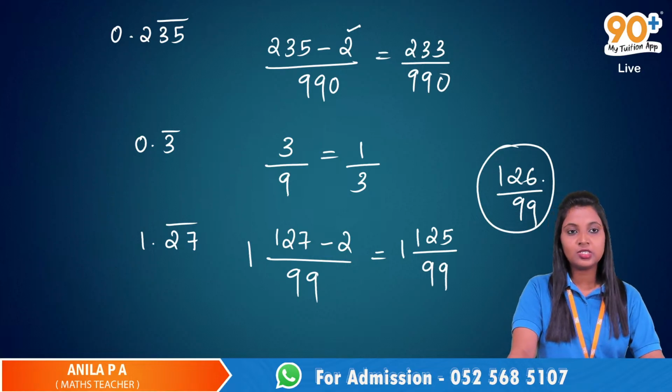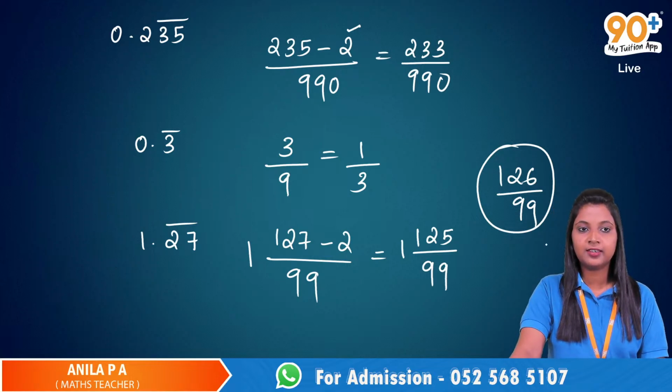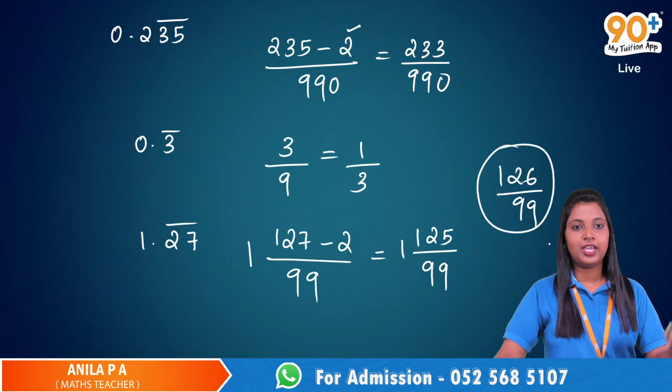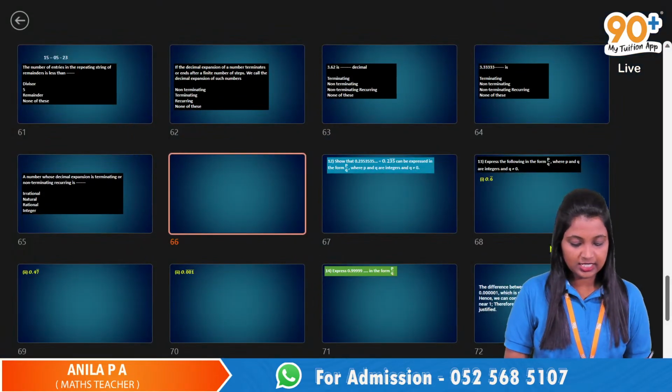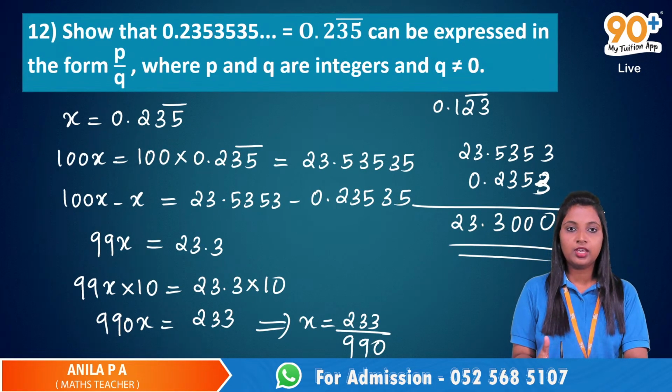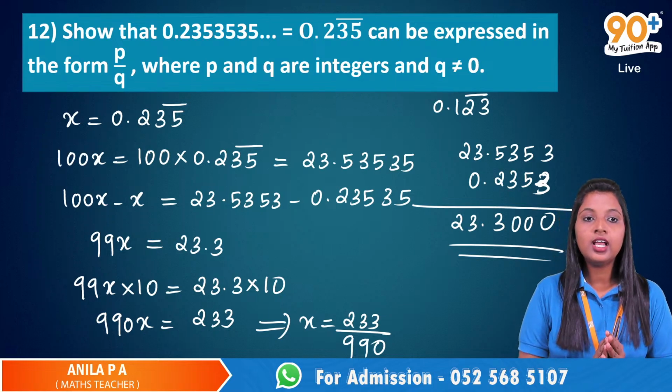Actually, the correct answer is 126 by 99. Anyways, this is the method that is followed by your textbook.